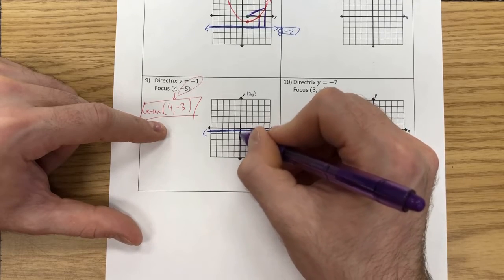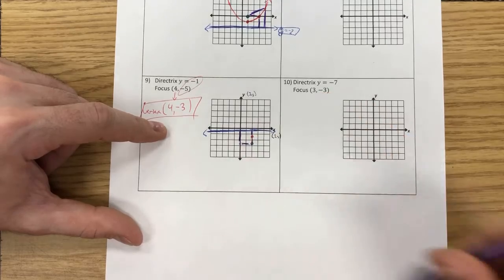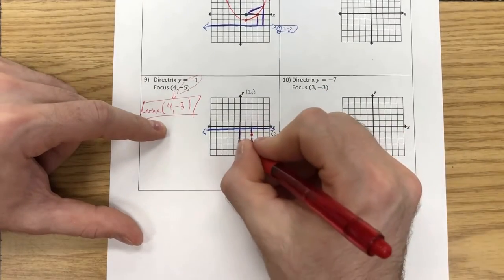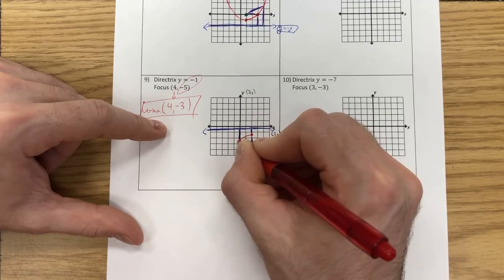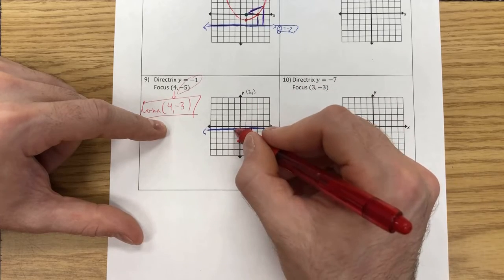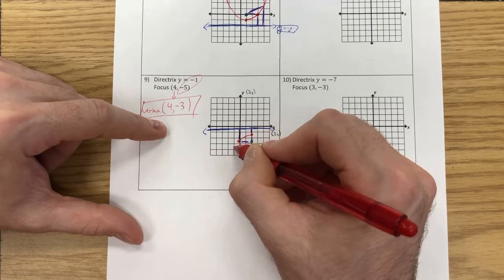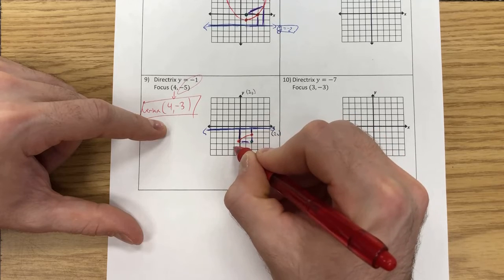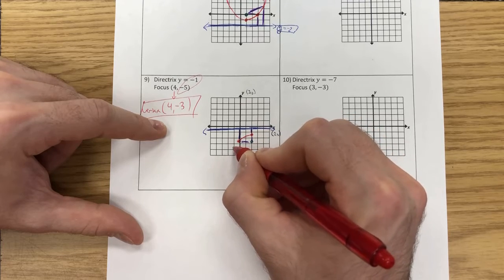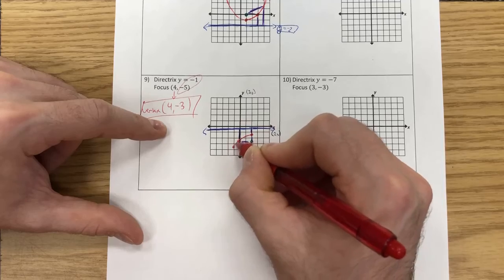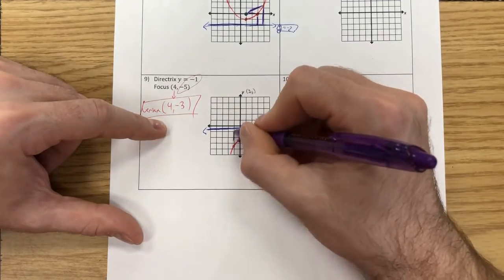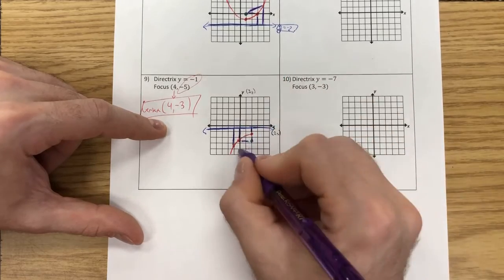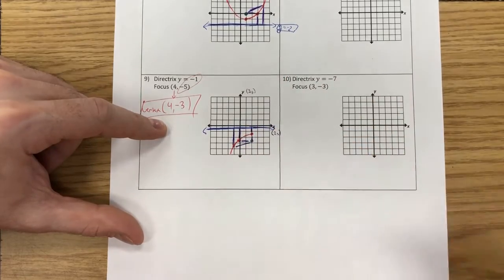So I'm going to go 1, 2, and 1, 2, which means I have a point that's curving right here, which means if that's 1, 2, about 3 away, it's going to be a little over 3. So let's keep curving just like that, just over 1, 2, 3, and just over 1, 2, 3.